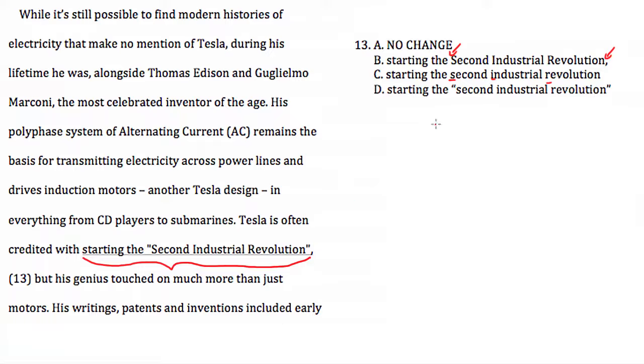Or we can uncapitalize Second Industrial Revolution but leave the quotation marks. Well, you'll only use quotation marks if you're quoting somebody, or if this is a title of a short work, or if you want to set apart these words from the rest of the sentence for some special reason.